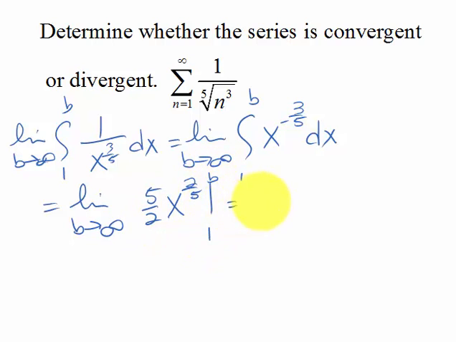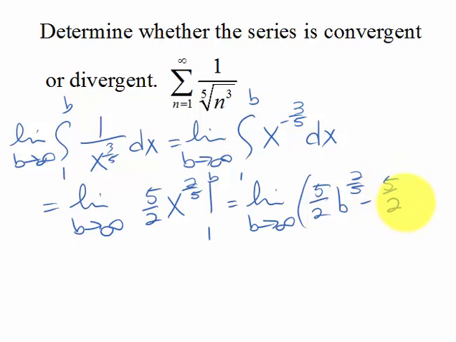Now as we look at that, we have the limit as b goes to infinity of 5/2 b to the 2/5 minus 5/2, and if we put in a 1 here, that will just be still 5/2. So now we look at this and we're interested in whether this converges to a finite value or whether it diverges.